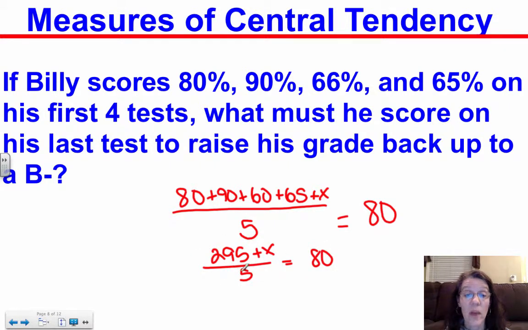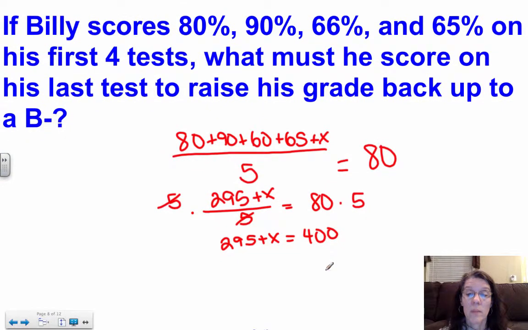How do we solve this? We have a number in our denominator we need to get rid of, so we have to multiply it. But if I multiply this side by it, I have to multiply that side by it. The 5's will cancel, leaving me with 295 plus x equals 400.